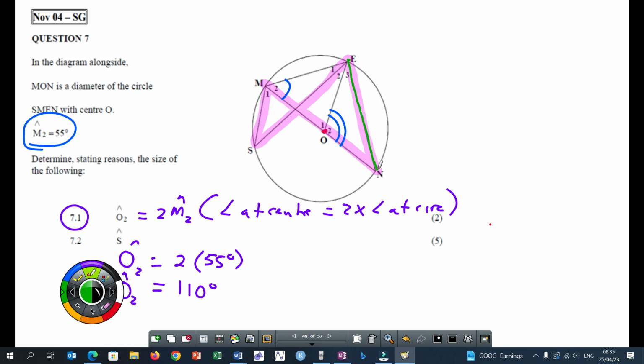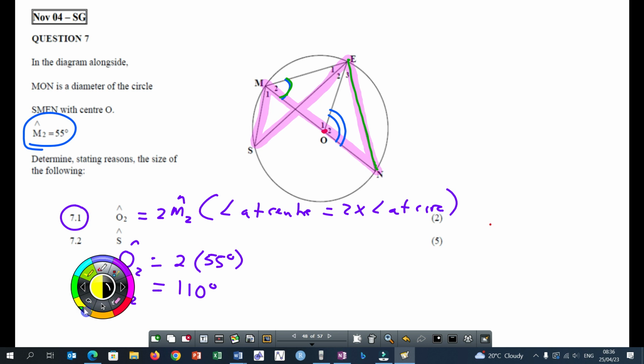Does the same chord subtend an angle at the circumference? Answer is yes. It subtends this angle. How do you see that? Well, you have to see it. If you can't see it, you're going to have problems.